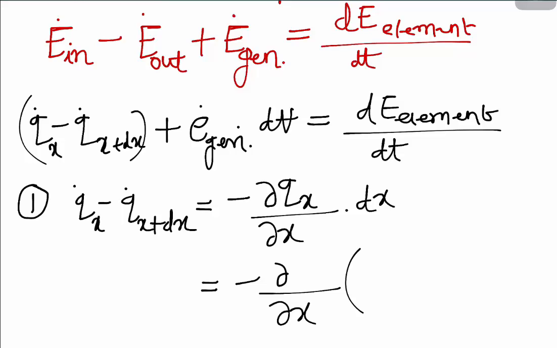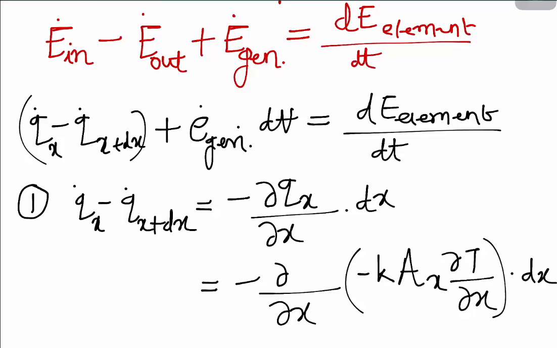From Fourier's law, qx is equal to minus k into area Ax into dou T by dou x.